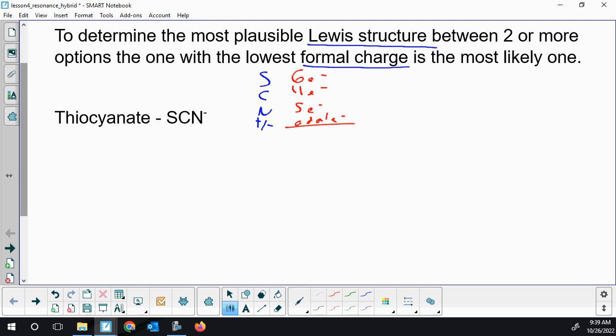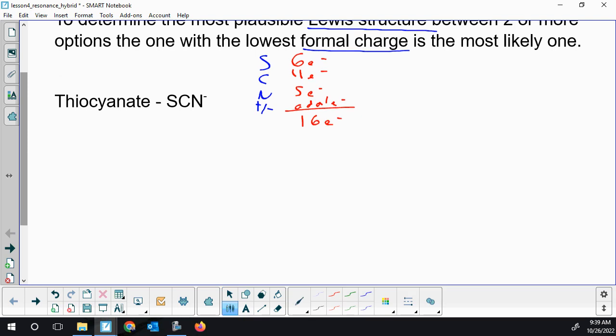So I have 6 and 4 and 5 and 1 is 16 electrons. 16 valence electrons to put into the structure. Now the way that molecular ions are written are often a hint towards the structure. So it's written SCN because that's the order the atoms come in. And it does match the highest bonding capacity in the middle, which would be your guide if you weren't sure.